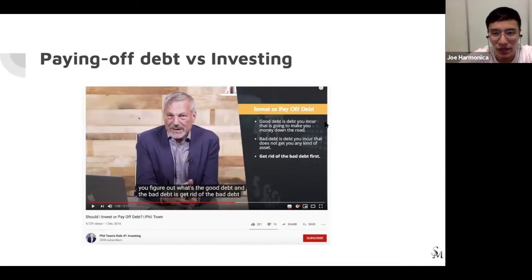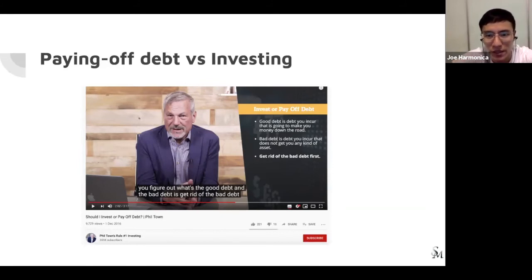Good debts are debts that are going to make you money down the road. For example, student loans are considered good debts because if you borrow now and go through an education process, you have more capability of earning greater money. So some people treat student loans as good debt, right?